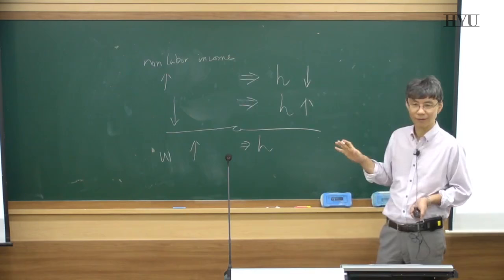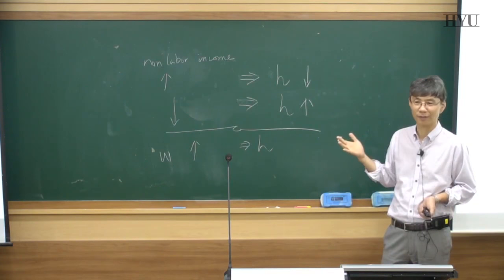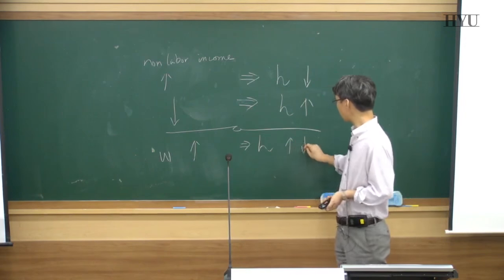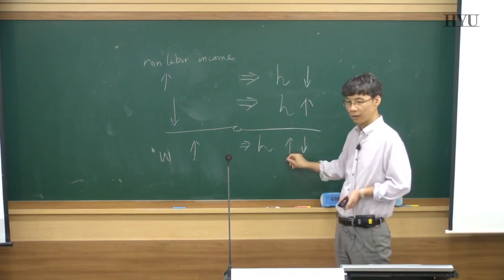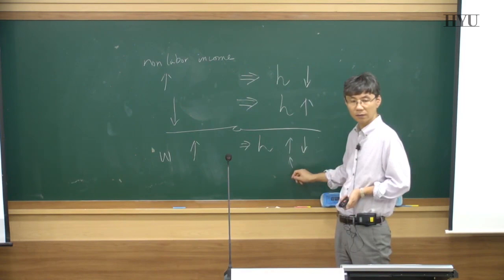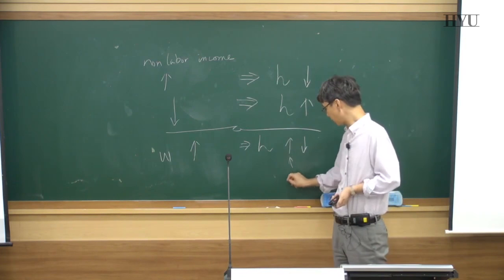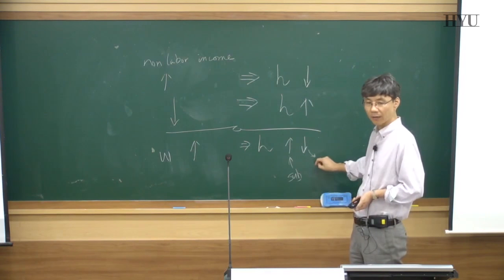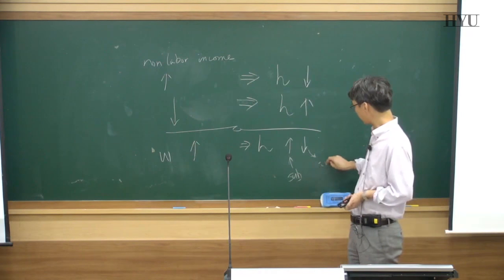Or uncertain, which is right? Uncertain, right? So it may go up, go down. Going up part, what effect? Substitution effect. And going down part, what effect? Income effect.